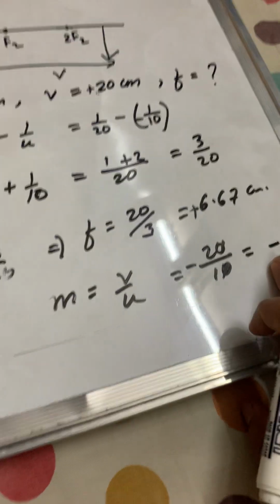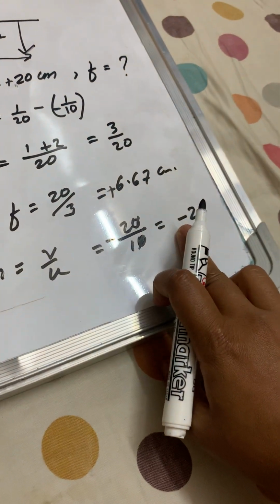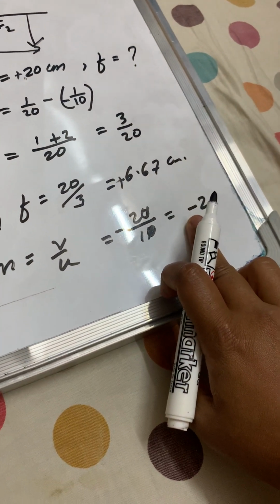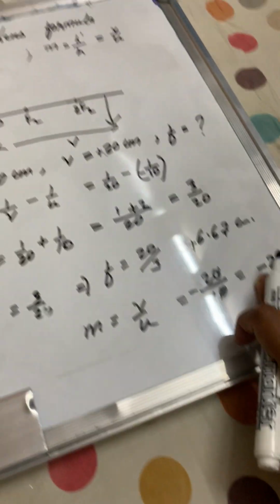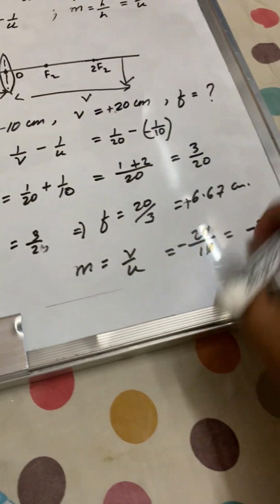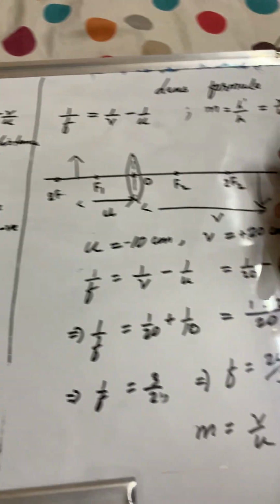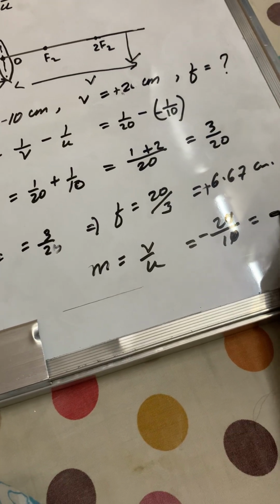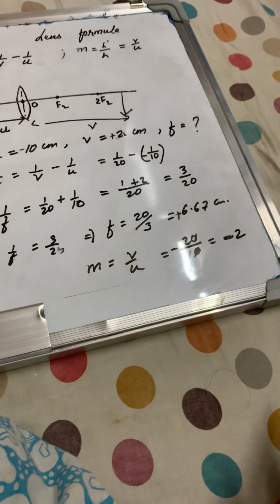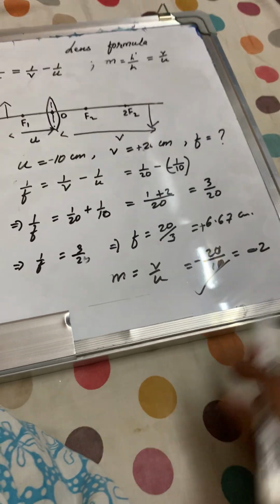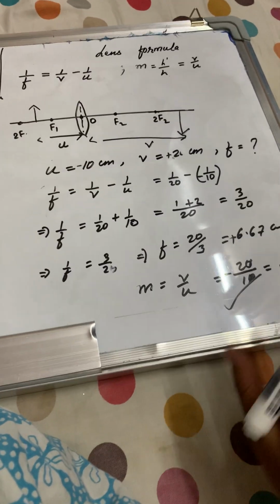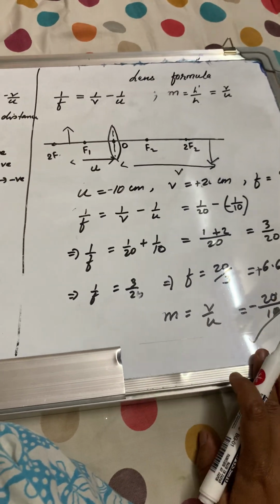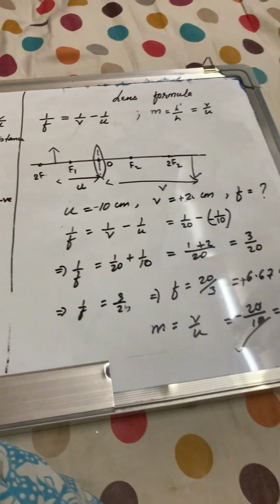Now this minus for magnification talks about the height, right? So 2 means what? The image is double. Minus says what? Upside down. Okay, so students, see the textbook, learn from the textbook. You will be clear. With that, I'll conclude the first chapter. Thank you.